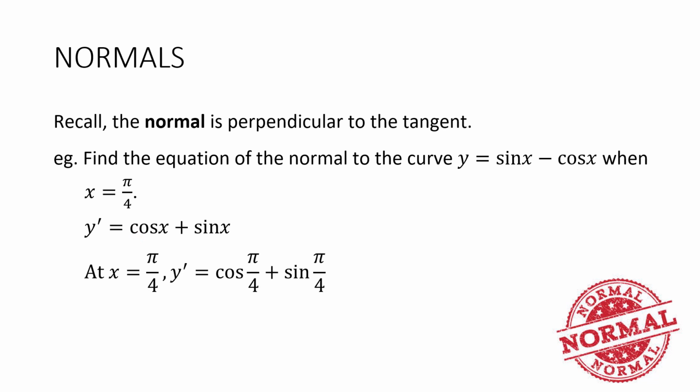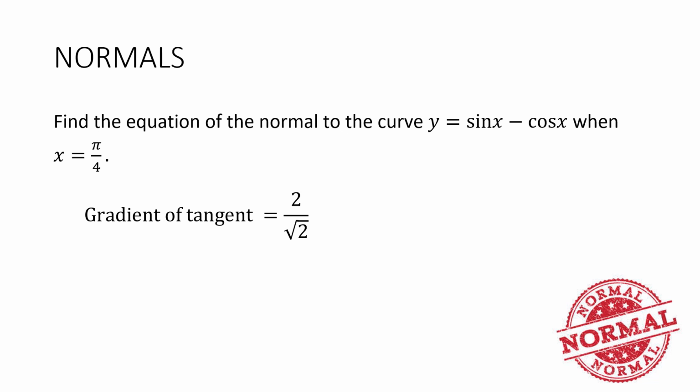So substituting in, at x is equal to pi on 4, dy dx is equal to cos pi on 4 plus sine pi on 4, which is 1 on root 2 plus 1 on root 2, which is 2 on root 2. Now that, of course, is the gradient of the tangent, not the normal, but the normal is perpendicular to the tangent. So to work out the gradient of the normal, we just do the negative reciprocal.